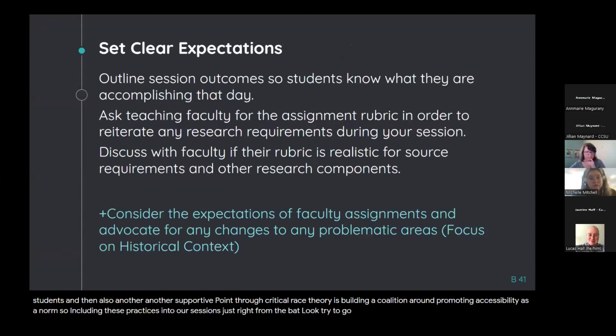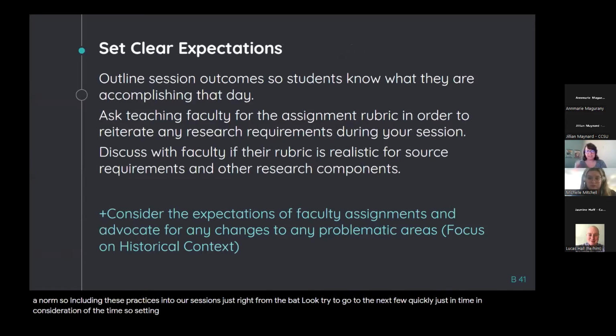So we'll try to get to the next few quickly, in consideration of the time. So setting clear expectations. This is again focusing on a historical context.